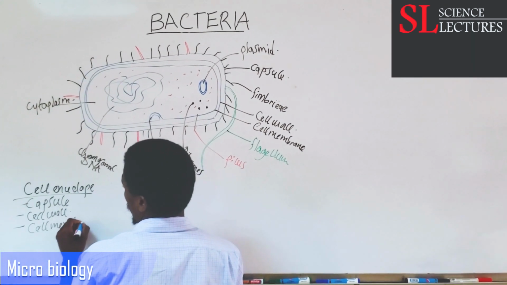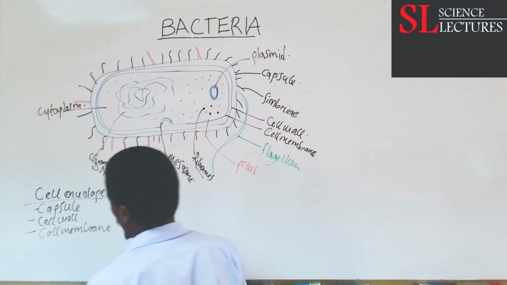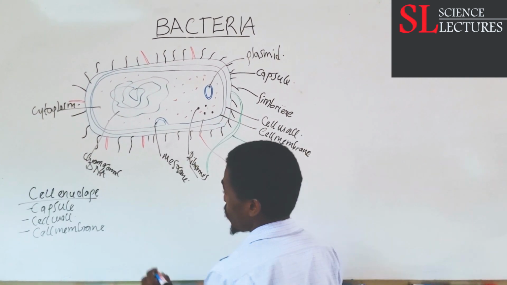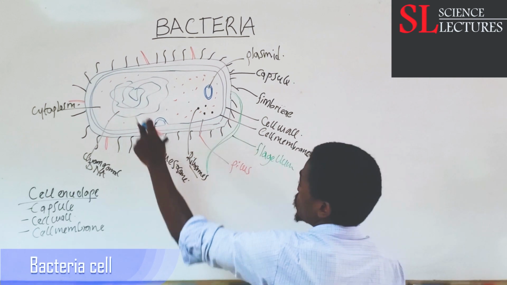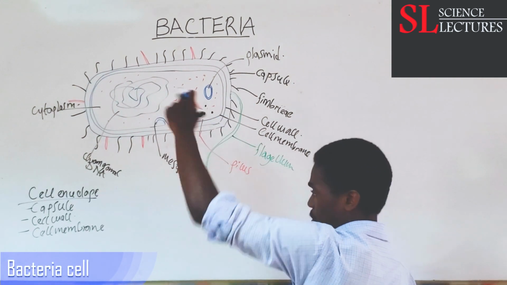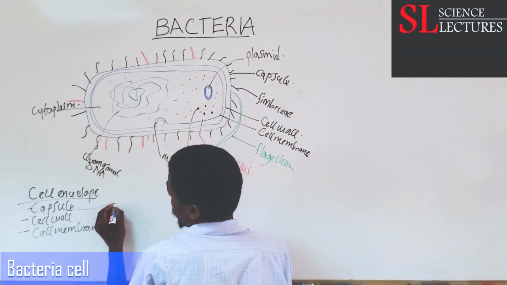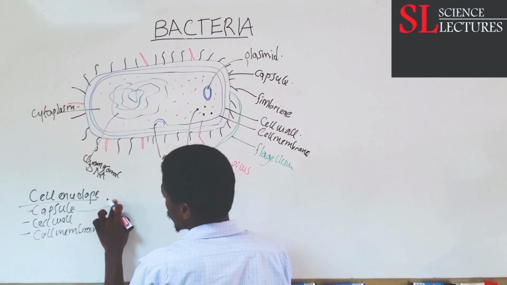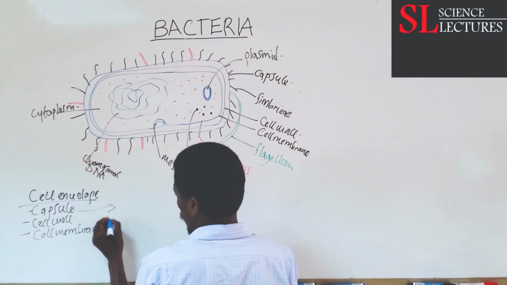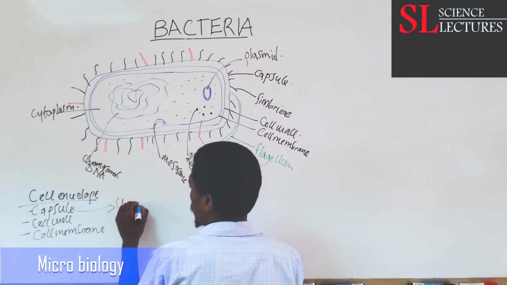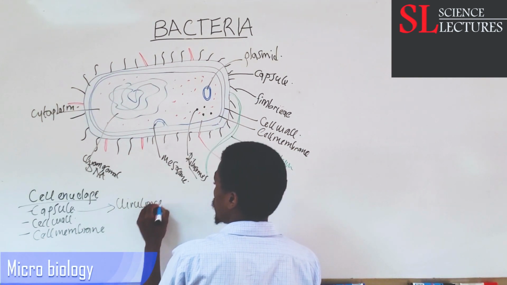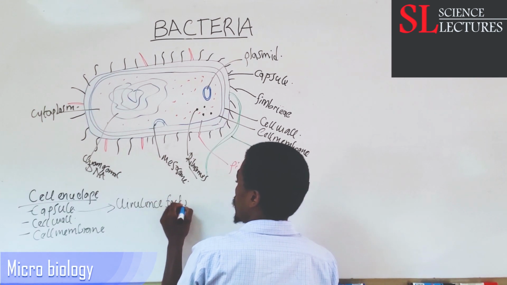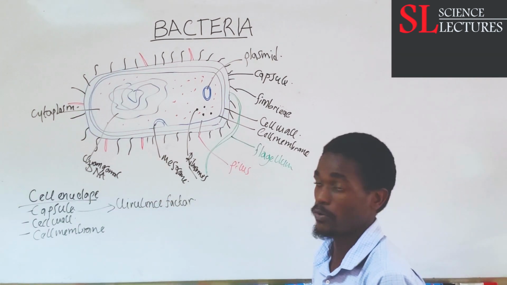So with this cell envelope, we are going to start off with the capsule, and we need to know its importance. Most bacteria have a capsule as the outermost covering. The importance of the capsule is that it works as a virulence factor. What do we mean by working as a virulence factor?